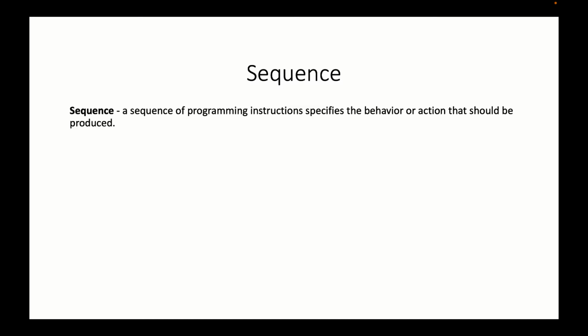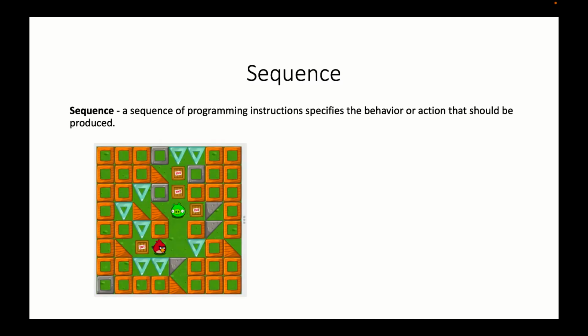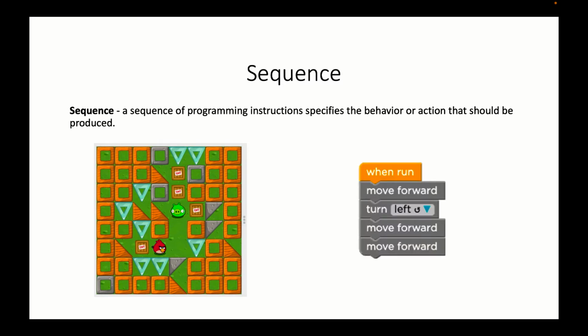A key concept in programming is that a particular activity or task is expressed as a series of individual steps or instructions that can be executed by the computer. Like a recipe, a sequence of programming instructions specifies the behavior or action that should be produced. For example, the bird can be programmed to move forward, turn left, and then move forward to get to the pig with the sequence of steps shown on the right.